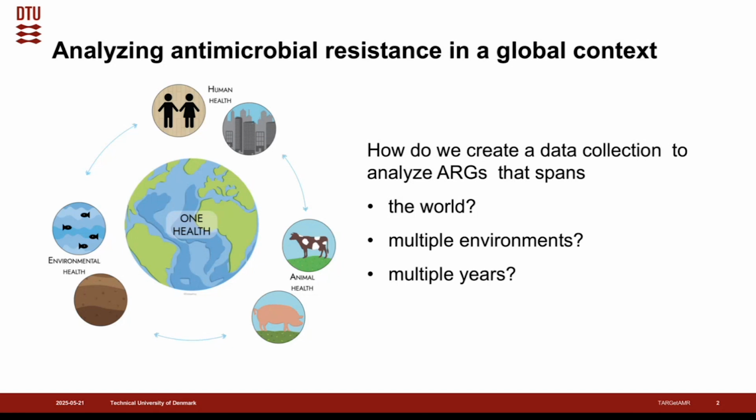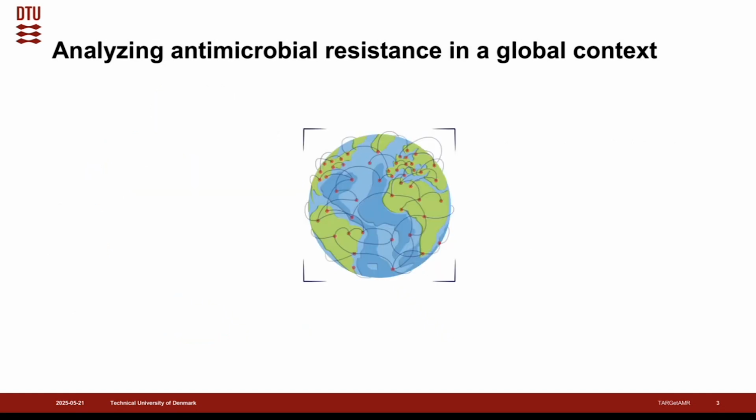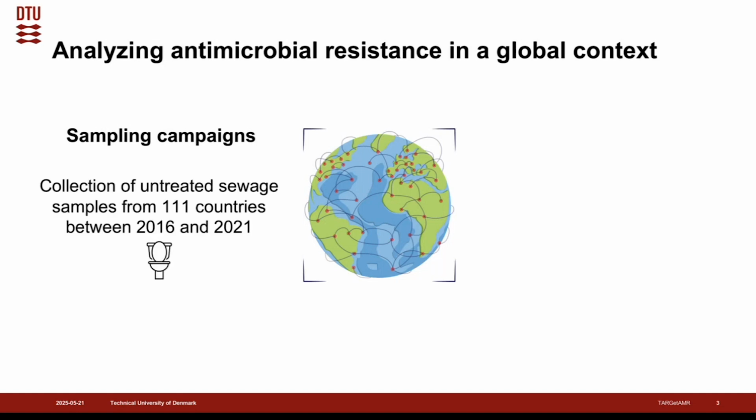And a lot of what Frank is doing and the research that's going on at DTU in Denmark fits well under this topic. So I decided today that I would talk about two major things we have been doing and that I've been involved in. The first is how we can do global sampling campaigns together to collect samples, and we are doing sewage surveillance with a data set that's been building over the years.